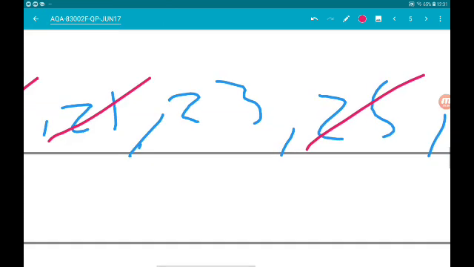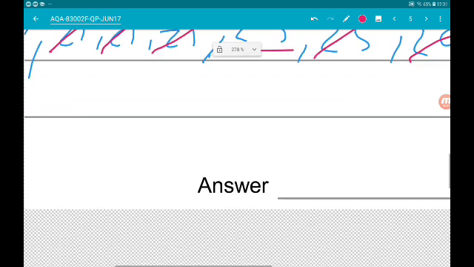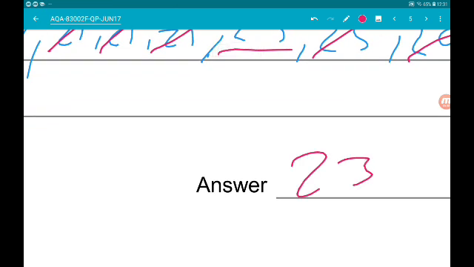That leaves us with 23. 23 is our median. Cool.